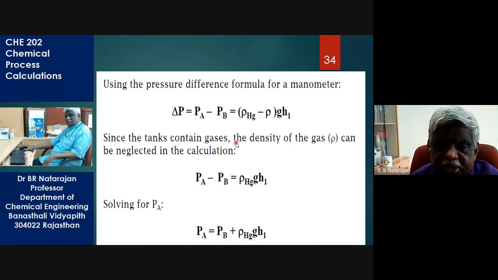Since the tank contains gas, the density of gas can be neglected in the calculation.